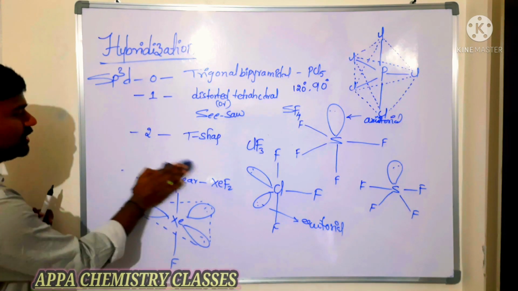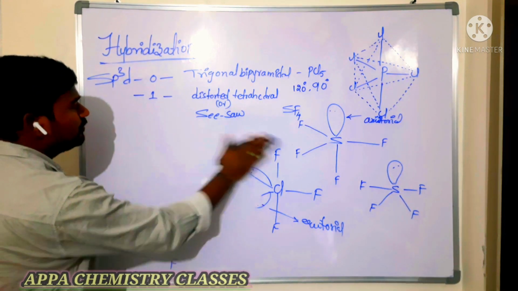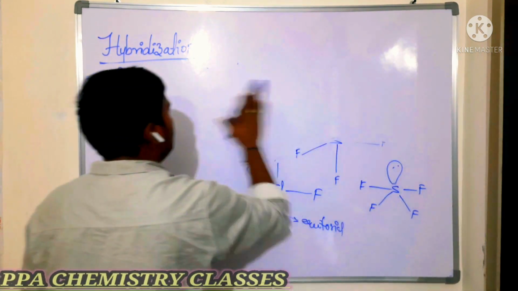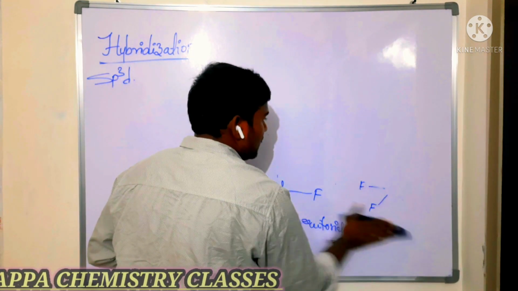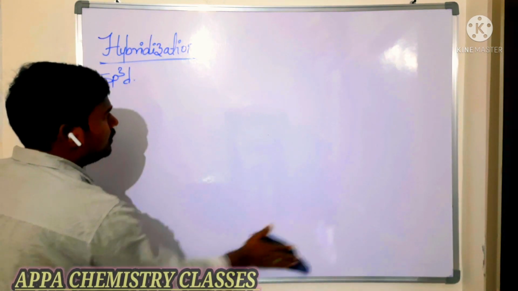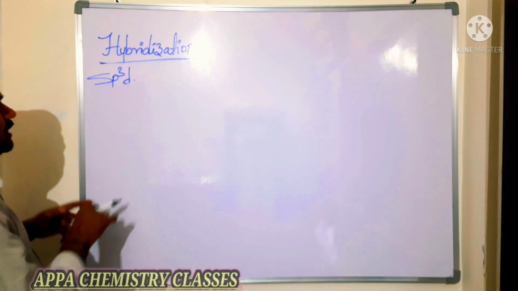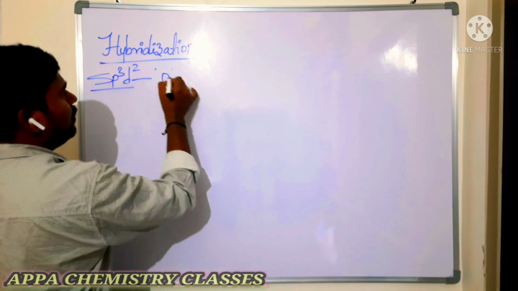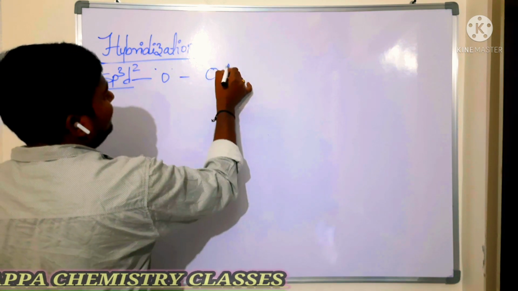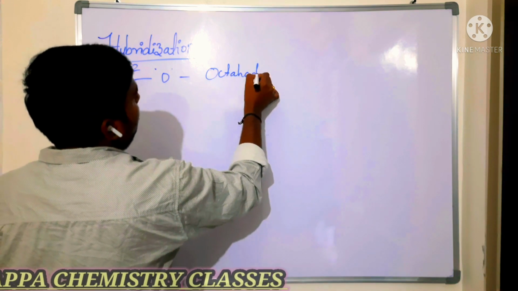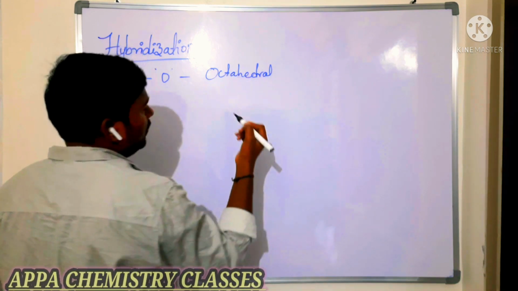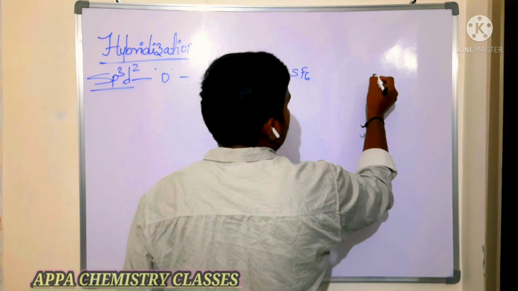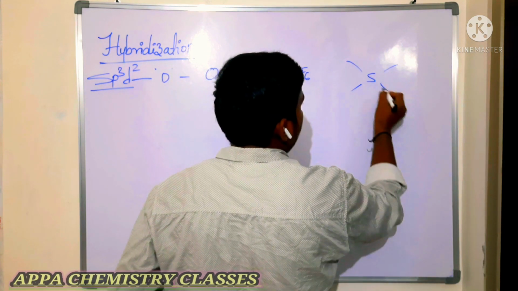Next we are going to see the sp3d2 hybridization. Try to understand these geometries, then you can do more numericals easily. sp3d2 with 0 lone pairs is called octahedral geometry. A well-known example is SF6, sulfur with 6 fluorines.